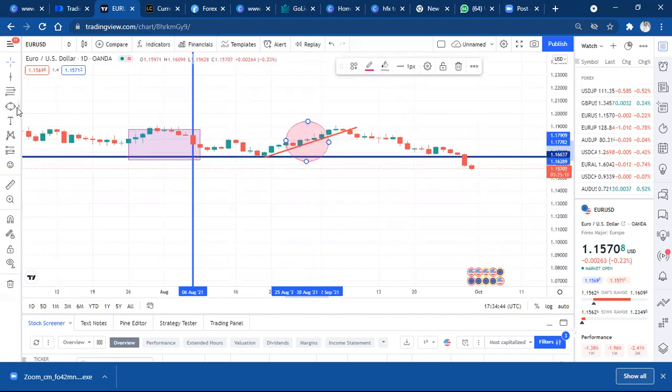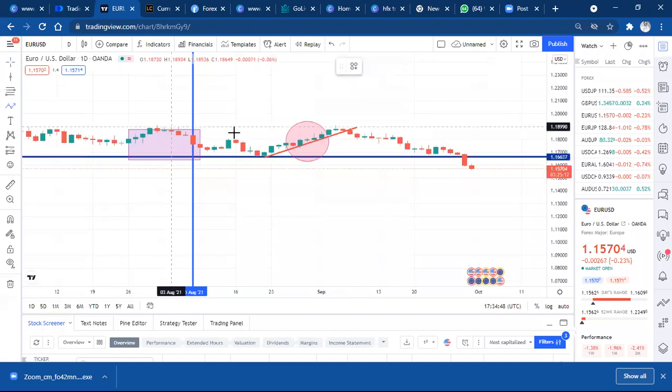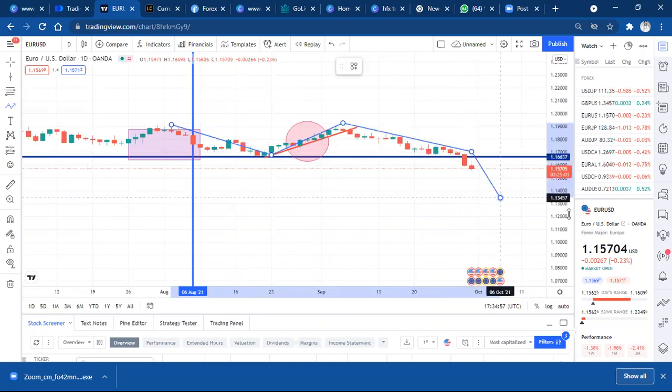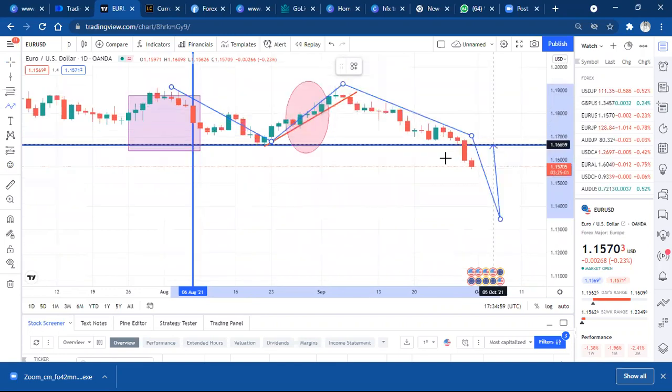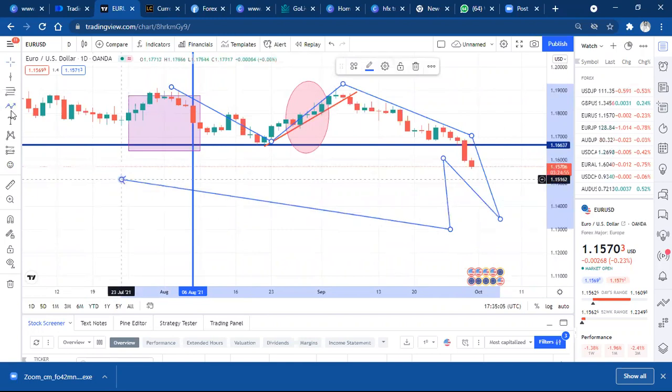All right, so there you can draw a path. Okay. Good. So basically, those are the major things you need to know about using TradingView. You can write on TradingView.